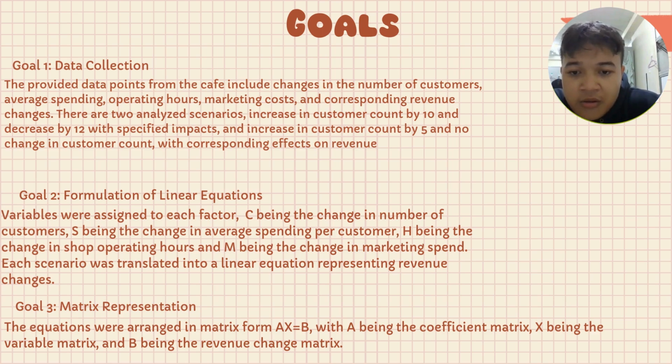Each scenario was translated into a linear equation representing revenue changes. And then step 3, we have matrix representation. The equations were arranged in the matrix form AX equals B, with A being the coefficient matrix, X being the variable matrix, and B being the revenue change matrix.